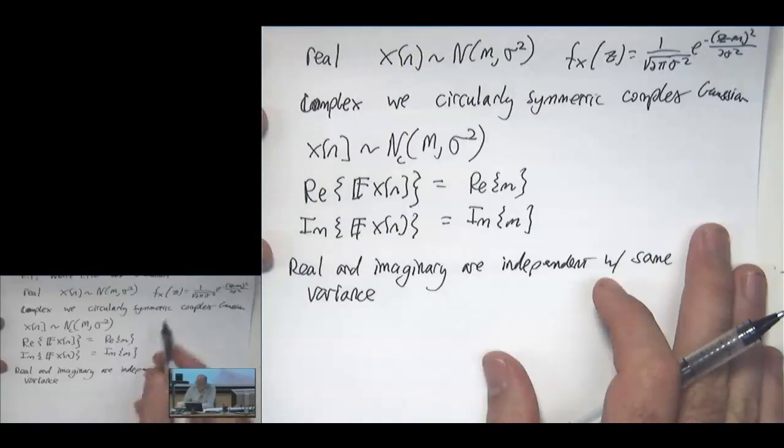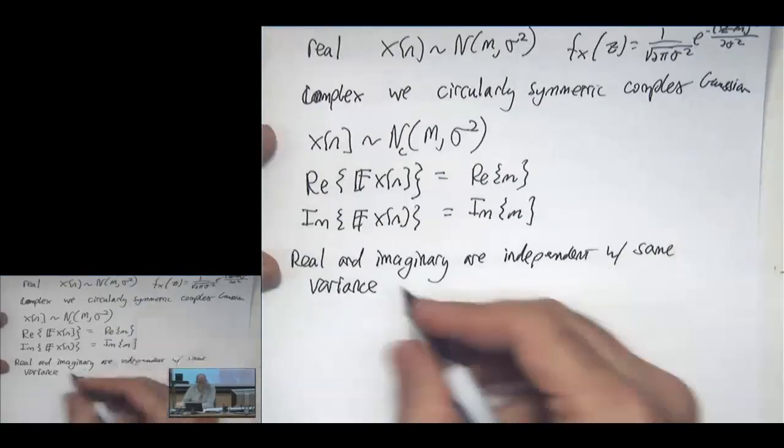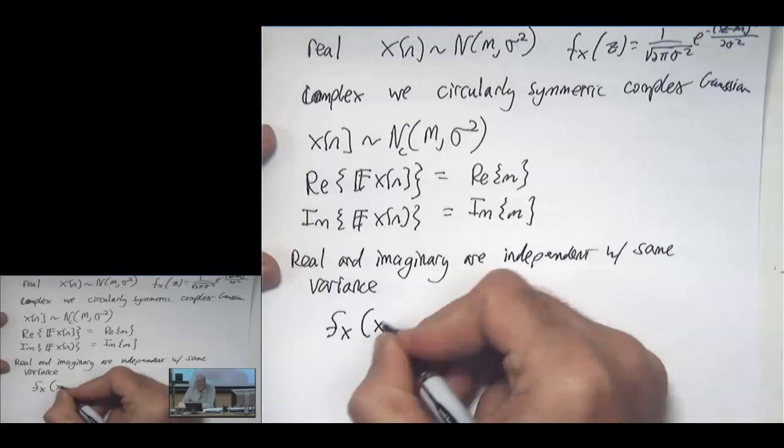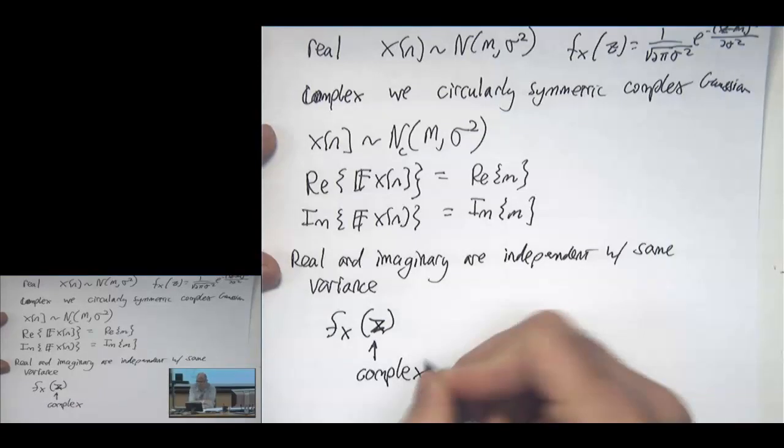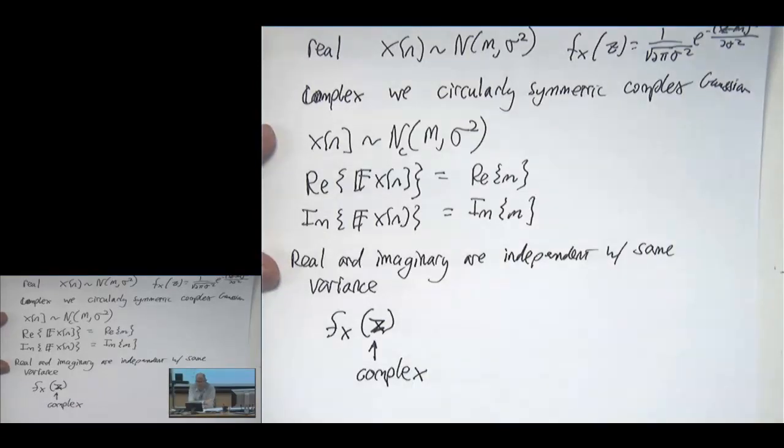Now, it turns out that with all of these assumptions, you can actually give the distribution function in this form here, where this is complex. I'm sorry, let me make that a z here. So normally, a distribution function for a complex random variable, you have to write using the real and imaginary.